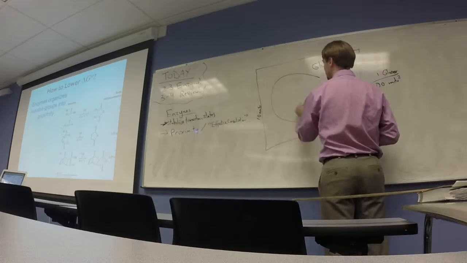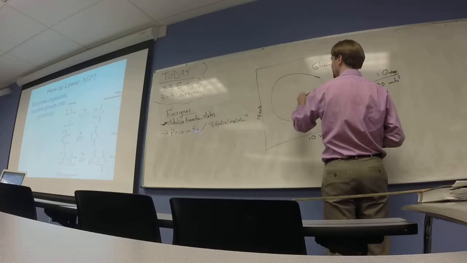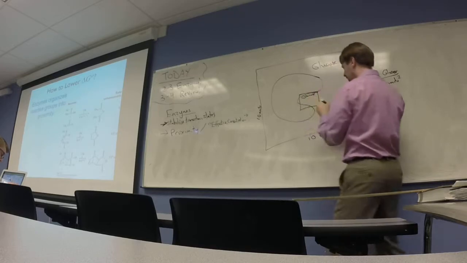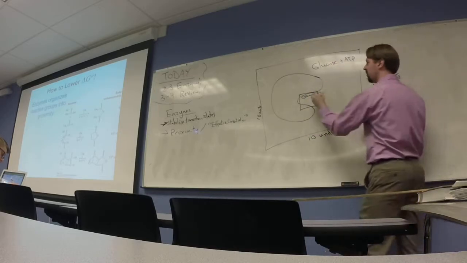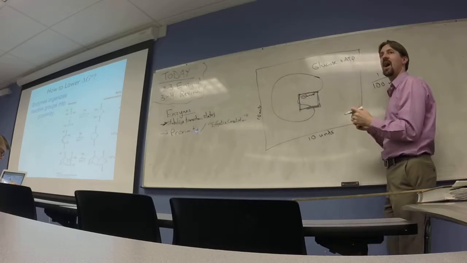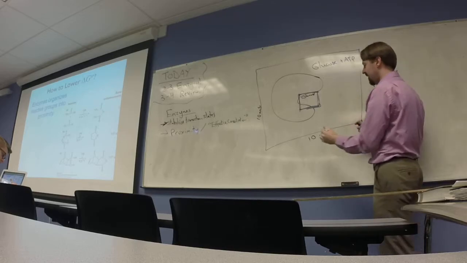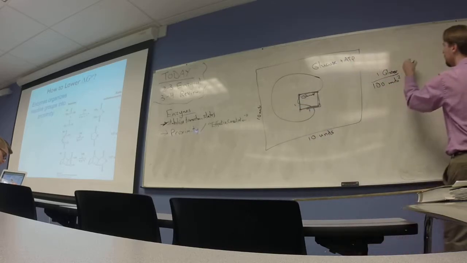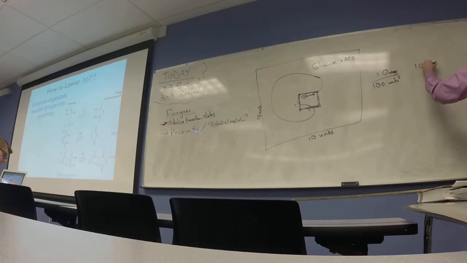I put my enzyme back, and the enzyme is holding glucose in this little pocket. The world I care about, the world to this ligand now, is that. It's not leaving the pocket. It's held in there. That's only 1 unit by 1 unit. I still only have 1 glucose. My numerator hasn't changed. But my denominator is now 1 unit squared. 100 times more concentrated, effectively.